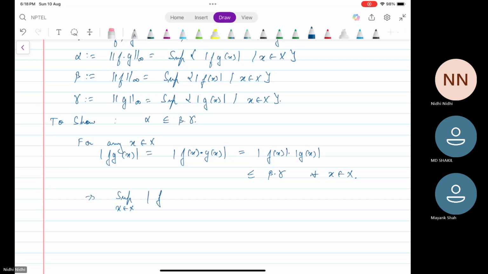So mod fg(x) is also less than or equal to beta gamma, because beta and gamma are two constants. This is just a constant, and on the left hand side we have it for every x. So the supremum will also satisfy the same inequality. That means alpha is less than or equal to beta gamma.